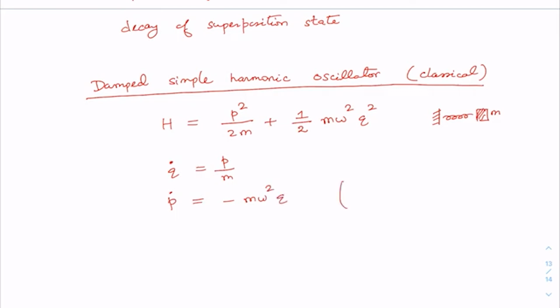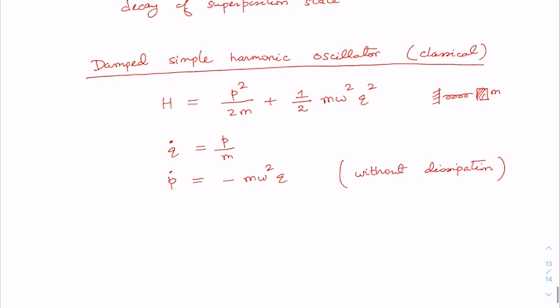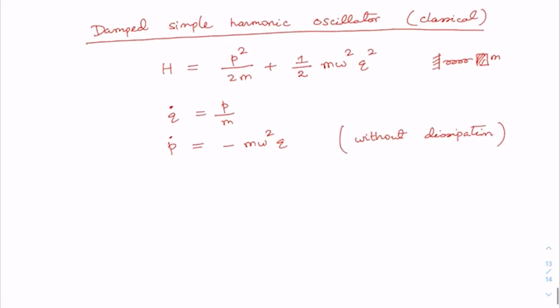So at the moment we are not considering dissipation or damping. This is the equation of motion, and we can get it easily from the Hamiltonian, using Hamilton's equation of motion.